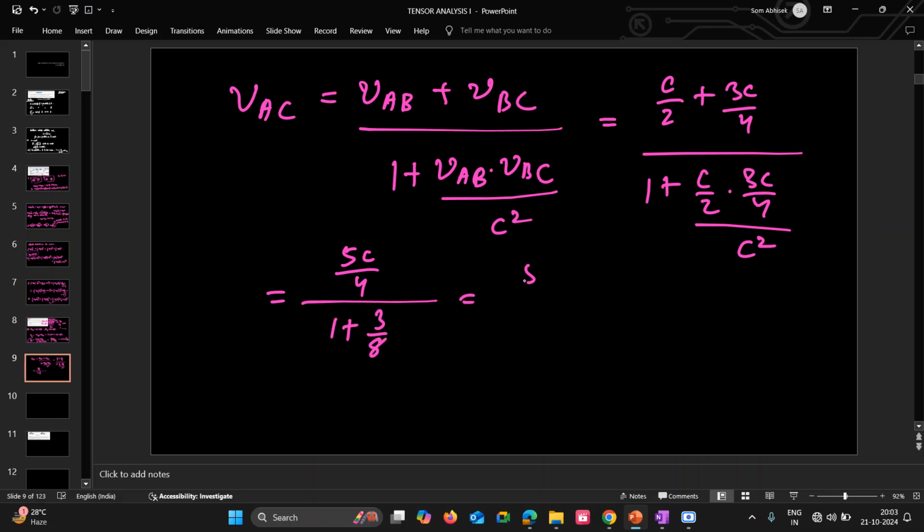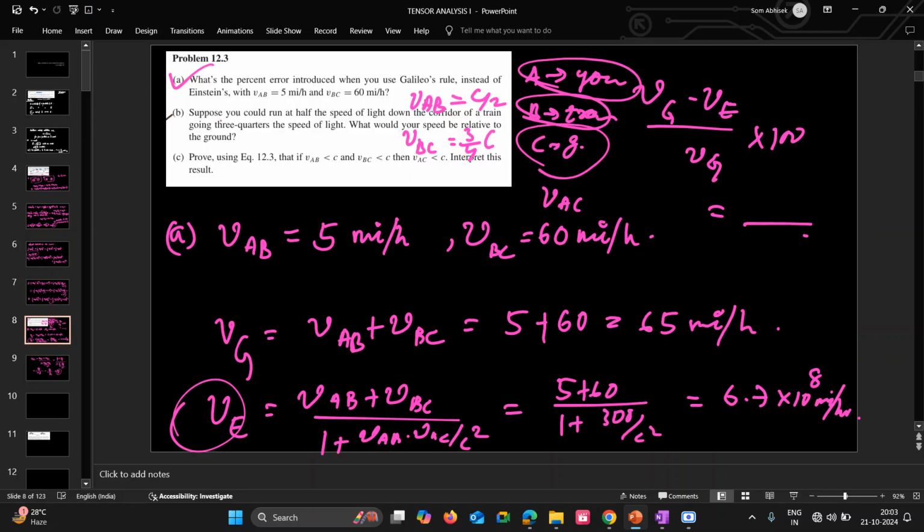So 5c by 4 divided by 11 by 8 becomes 10c by 11. So that will be the answer, VAC will be 10c by 11. Einstein's velocity rule will be applied. Prove equation 2.3. We don't have equation 2.3 here, so let's leave this one.